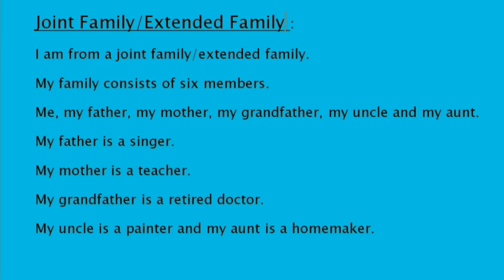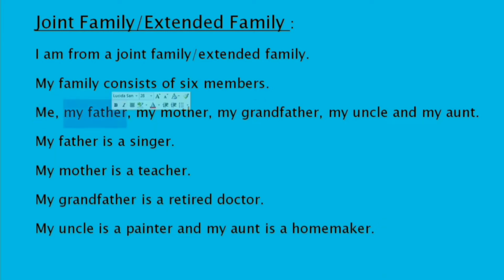At first you mention the nature of your family: I am from a joint family or an extended family. Then you mention the number of members in your family: my family consists of 6 members. If you have more than 6, you can mention 7 members or 8 members.